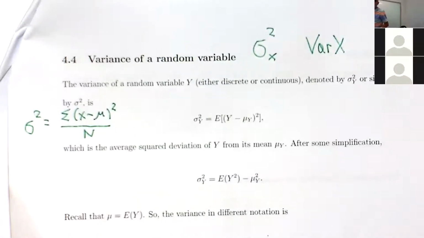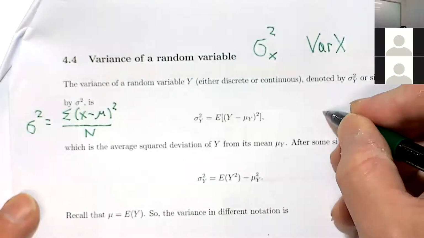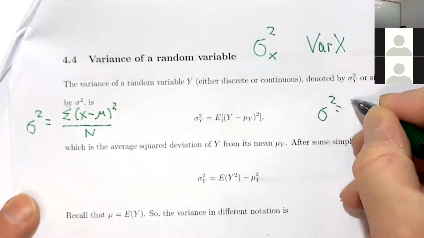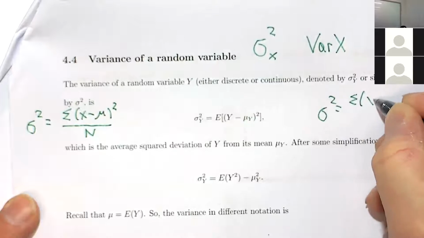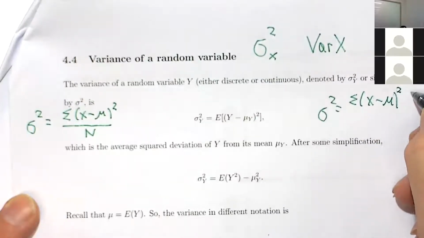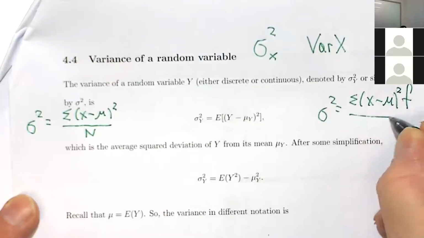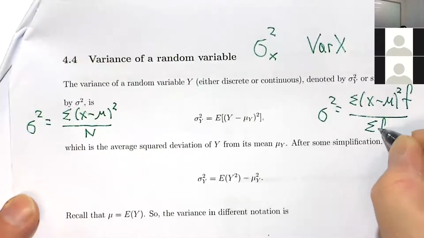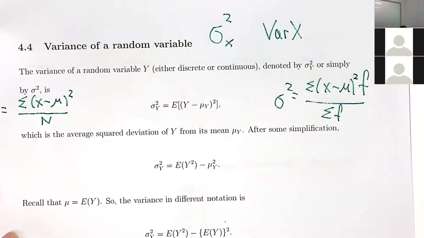But in the case when we have frequencies, this formula changes into the following one: sigma squared equals the sum of (x minus mu) squared times frequencies, divided by the sum of frequencies.